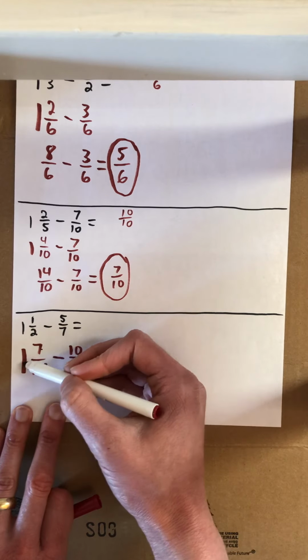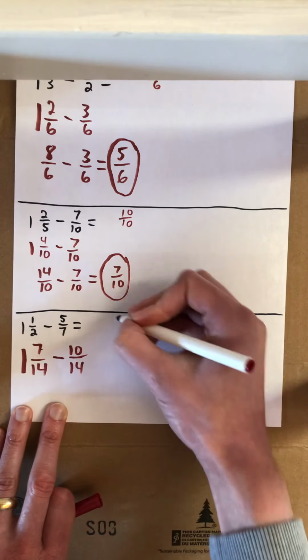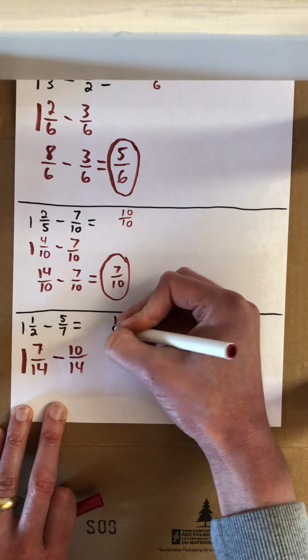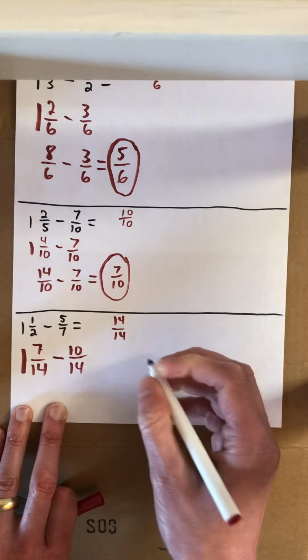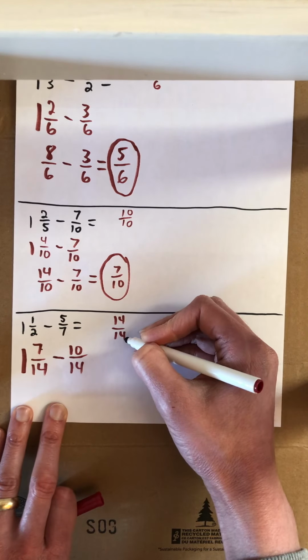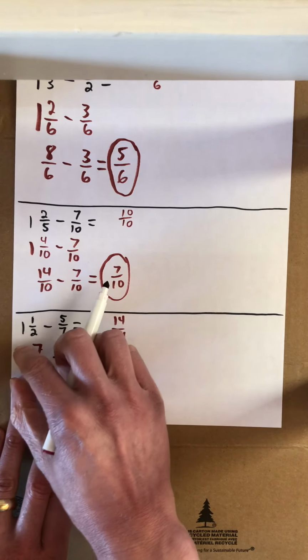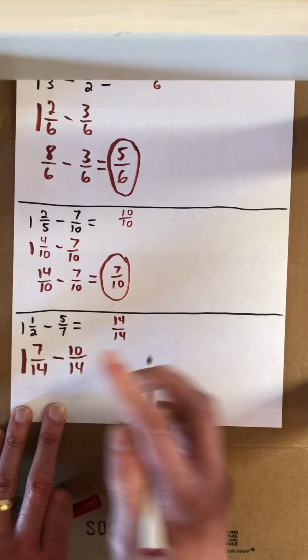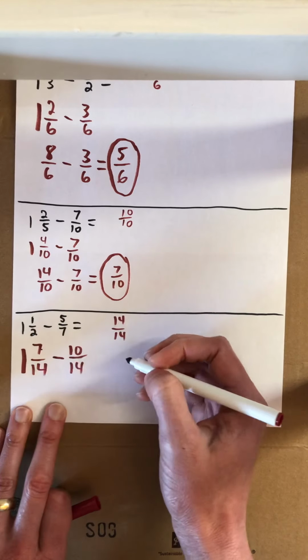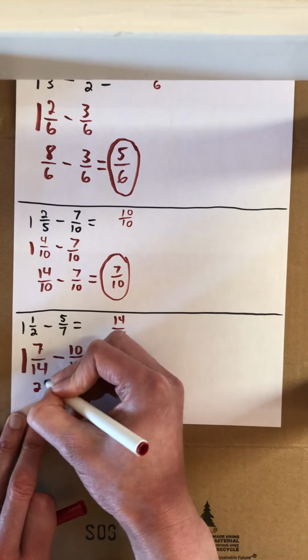So I'm going to borrow from this one. What would be a whole in this case? Well, it would be 14/14, because that is the denominator we're working with, and 14/14 is a whole. So I'm going to take 14/14 out of that whole and put it into the numerator. 14 plus 7 gives me 21.